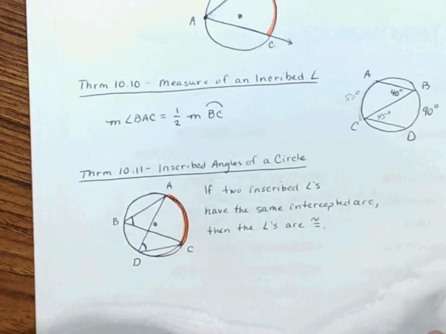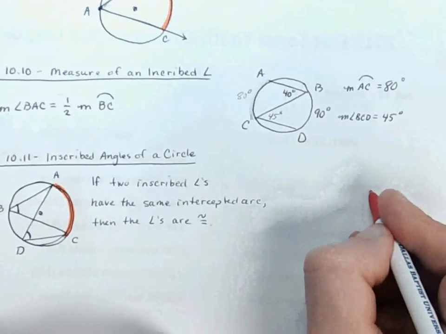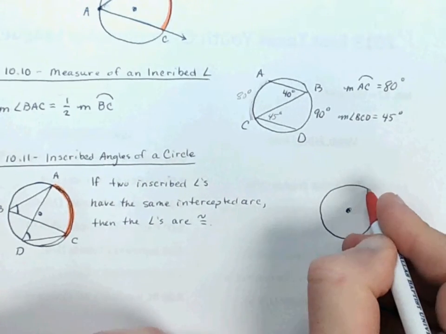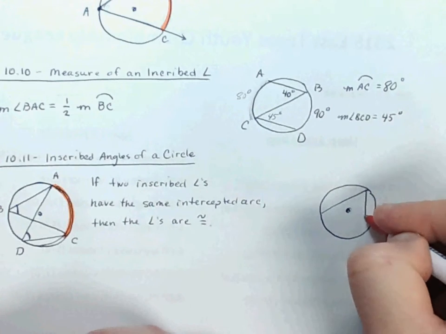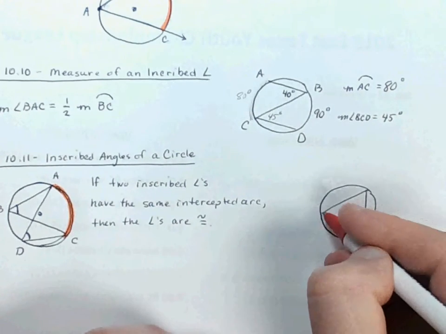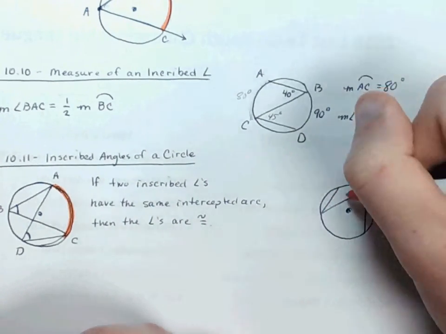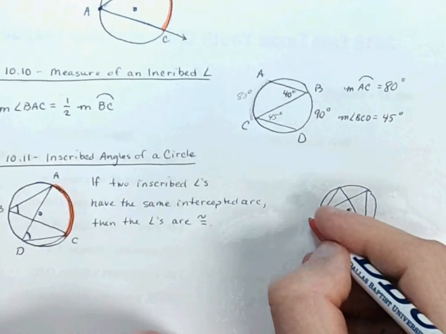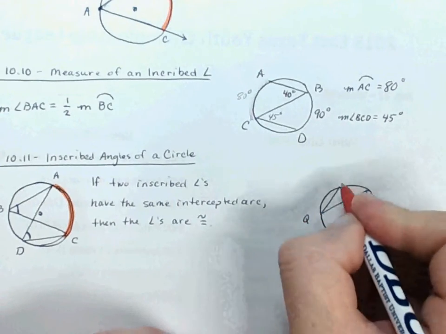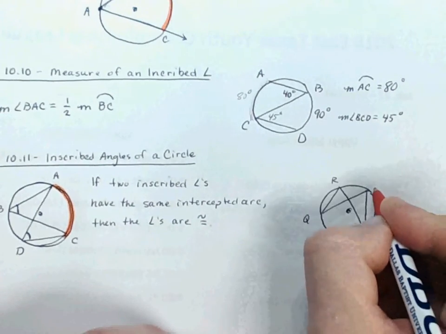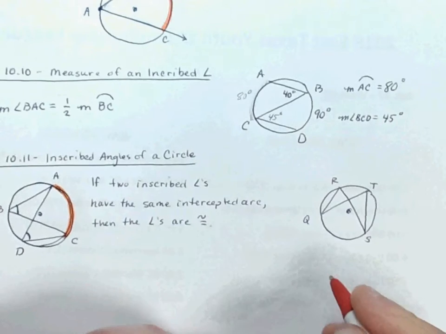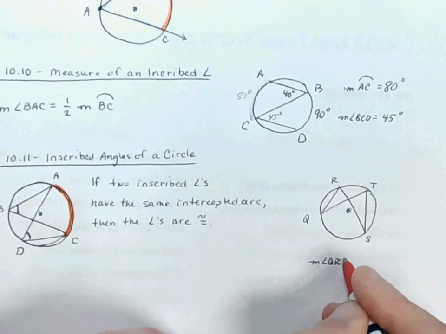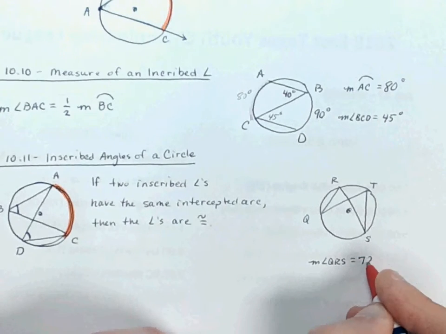So, for example, say we've got this circle out here. Got this angle, and we've got that angle. So we'll label Q, R. And they tell us that the measure of angle QRS equals 72 degrees.